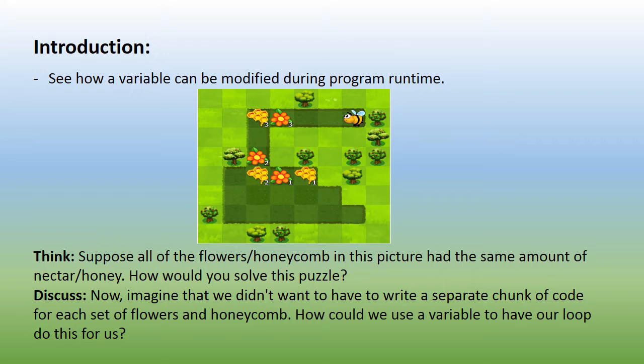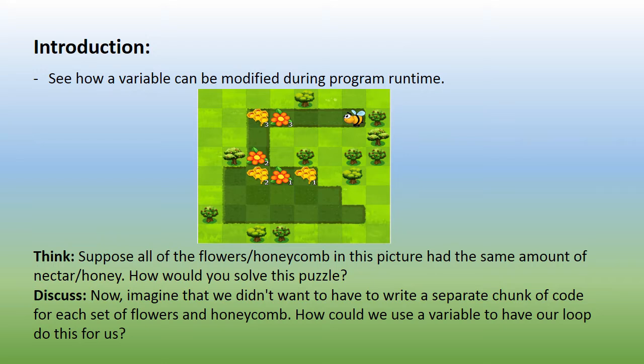Let's think about it. Suppose all the flowers and honeycombs in this picture had the same amount of nectar and honey. How would you solve this puzzle? I'm going to give you 10 seconds to think about it. I believe all of you thought we can divide this puzzle into three sections.